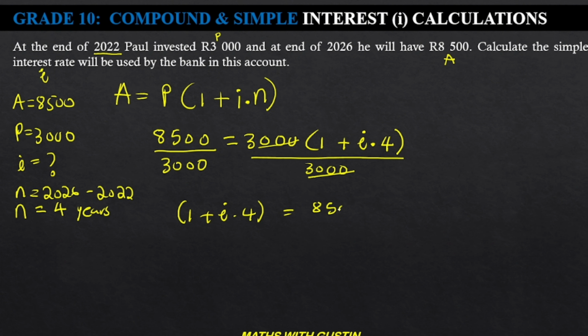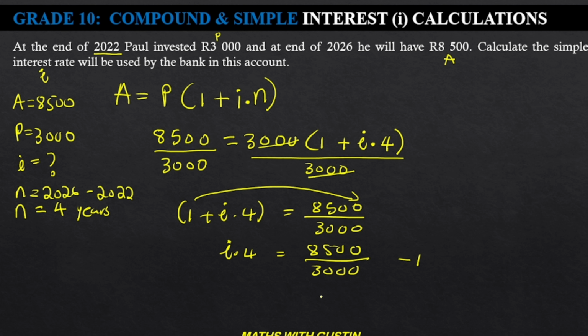Now we can take 1 to that side. So we're going to be left with I times 4 equals 8,500 divided by 3,000 minus 1. I have not pressed the calculator, as you can see. We are looking for I, therefore we're going to divide everything by 4.